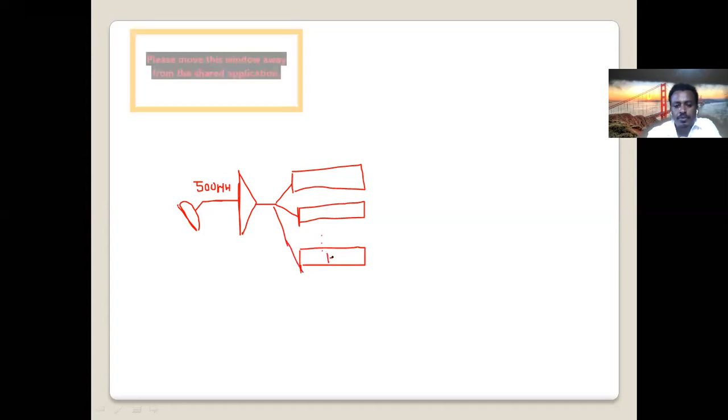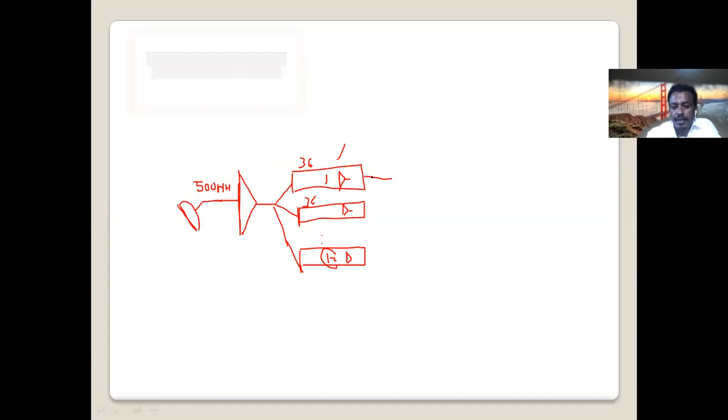Each one is a transponder, from one up to 12 transponders. Each transponder has its own TWT, each for 36 megahertz. 12 times 36 is about 500. Each one is amplified separately.